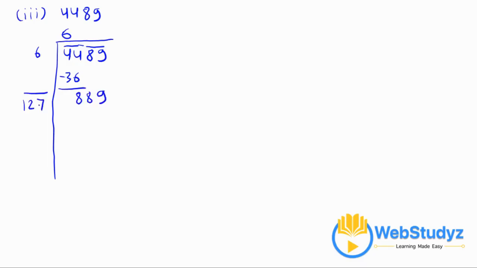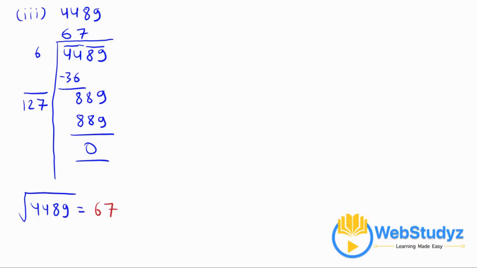Now if we take 7 and multiply by 7, we get 889. This gives us 0 as the remainder. So the square root of 4489 is 67, and the square root of this number gives us a 2-digit number.